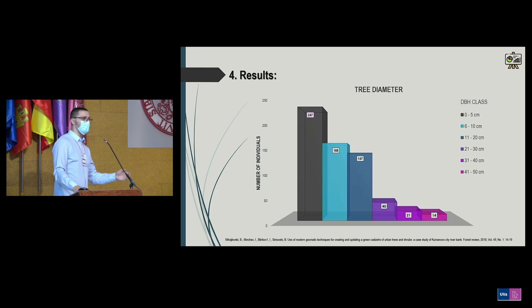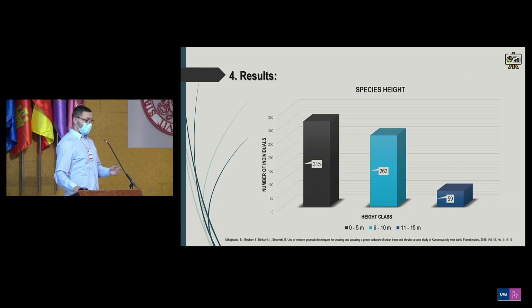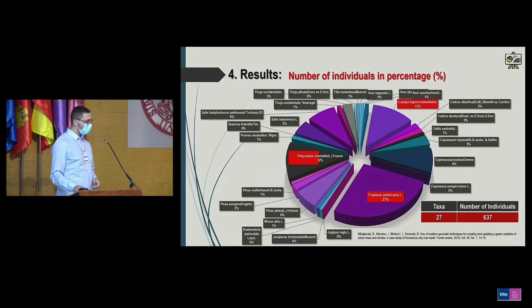As I said in the beginning, it's a newly built area in the city, so most of the trees are still young. Comparing with height, I found that they are in the first 0 to 10 meters.